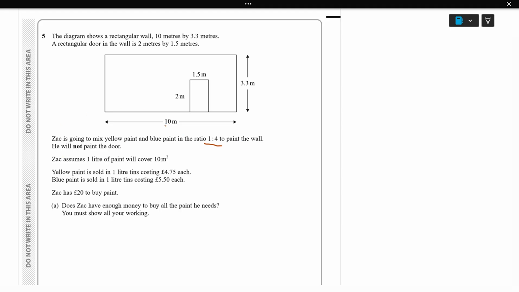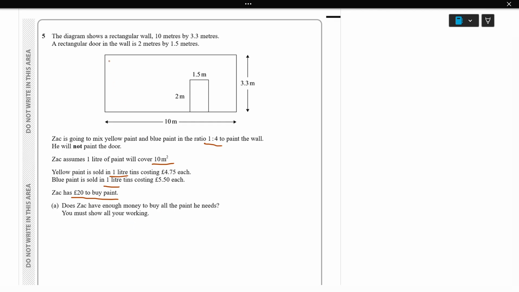He will not paint the door. Zach assumes 1 liter of paint will cover 10 square meters. The yellow paint cost and blue paint cost are given per 1 liter. Zach has 20 to buy the paint. Does Zach have enough money to buy all the paint he needs? You must show all your working.